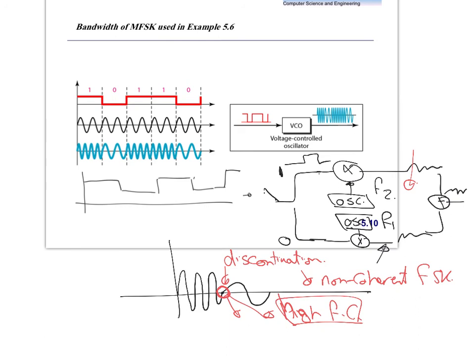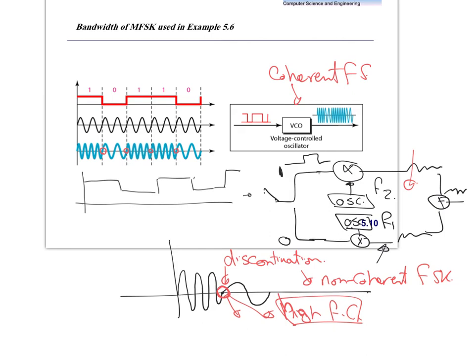So what we want to do is create a coherent FSK. Coherent FSK avoids this discontinuation. If you look here, you find that you have continuation between the ones and zeros. So the signal itself looks continuous, very continuous and smooth. In that case, you do not have these discontinuations, which lead to high frequency components.